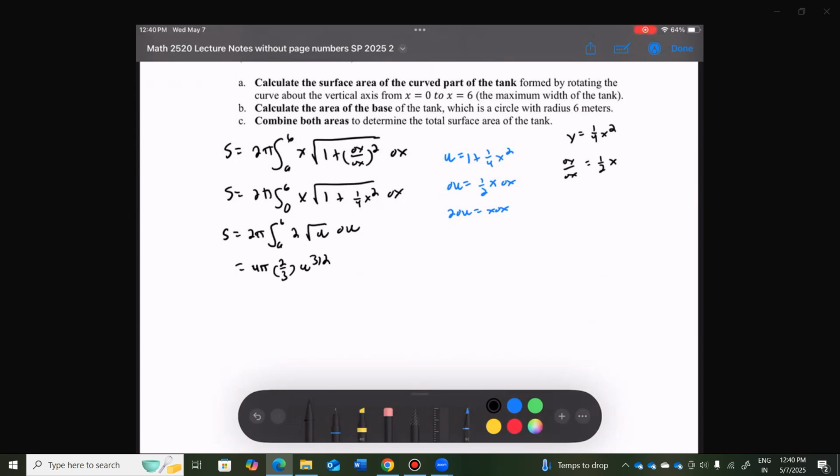And it's going to be from a to b. Alright, and so we'll have 8 pi over 3, and then 1 plus 1/4 x squared to the 3/2 from 0 to 6.